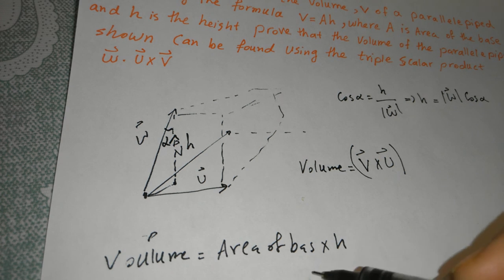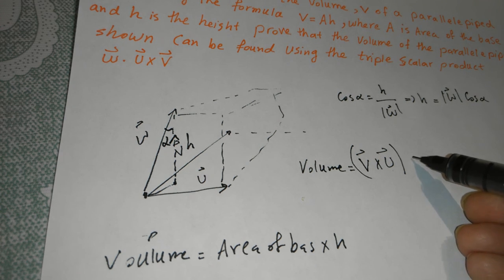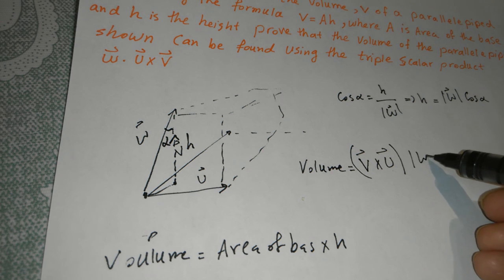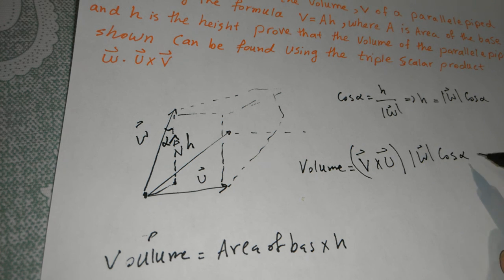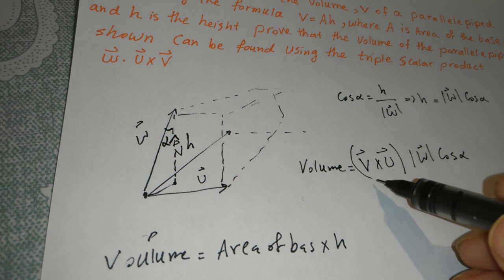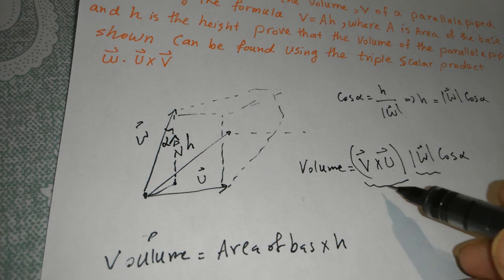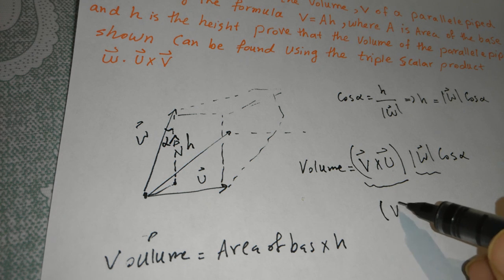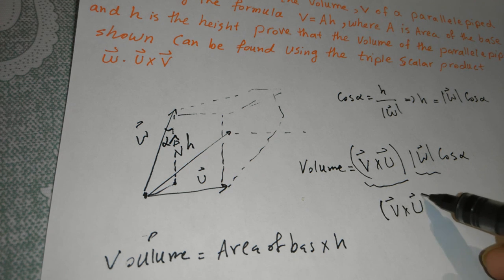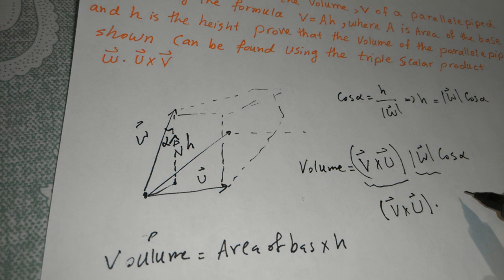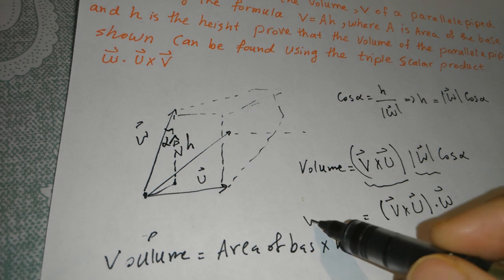So the area multiplied by H, instead of H I can put magnitude of W cosine of alpha. I know that alpha is the angle between V cross U and W. Therefore, it's going to be V cross U dotted with W. That is the volume.